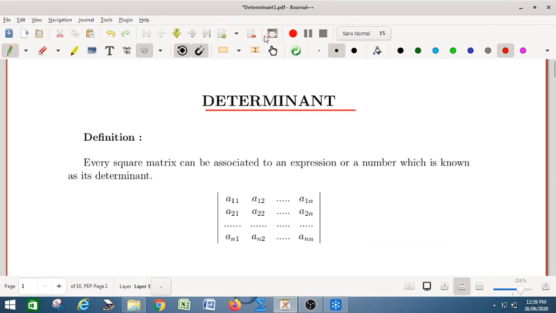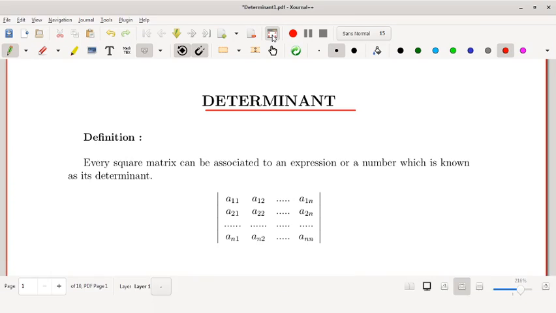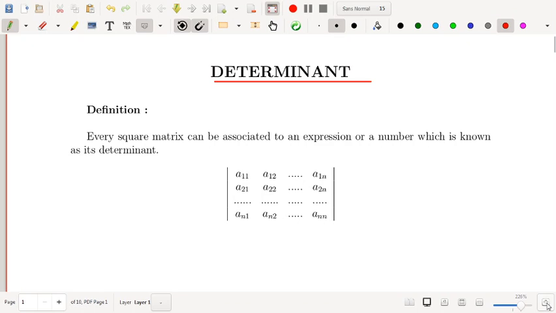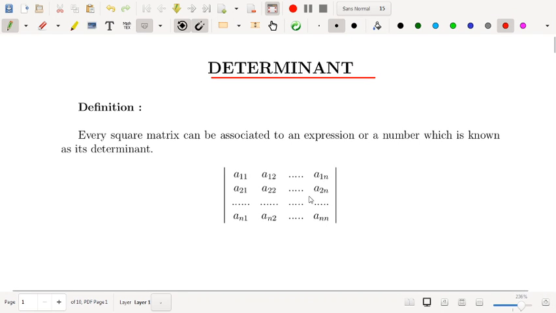So in this case we have the determinant, because already we have an idea in matrix that to find the adjoint of a matrix, we need to know what the determinant actually is. Okay.